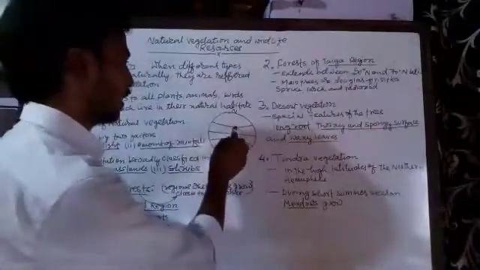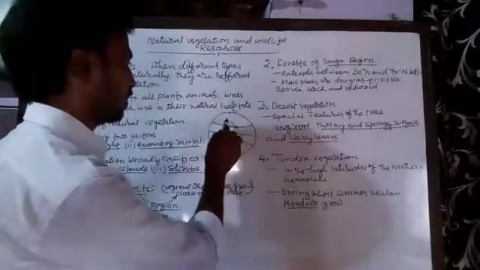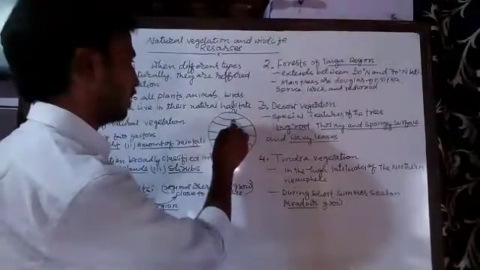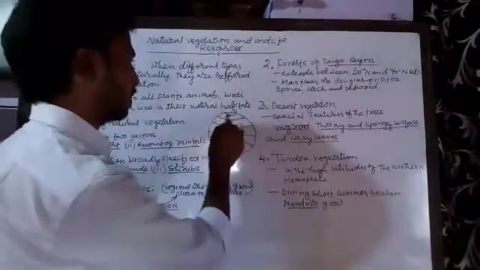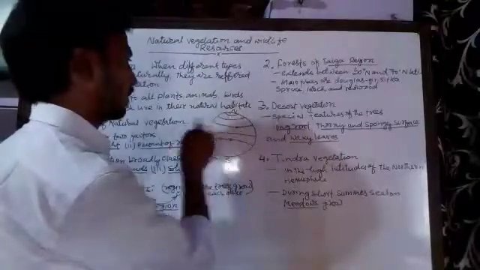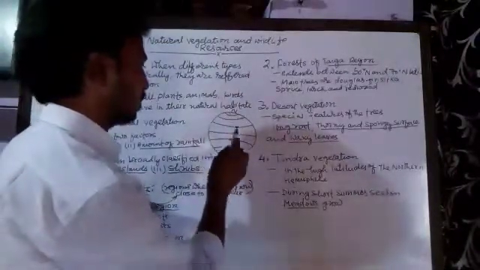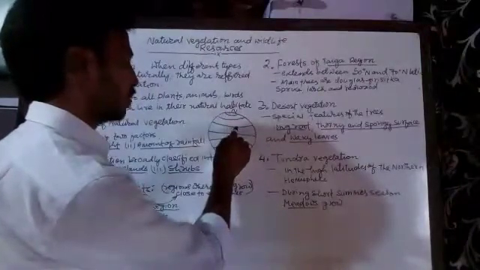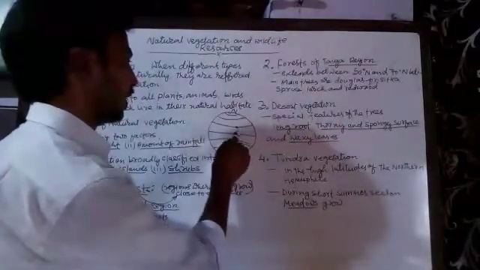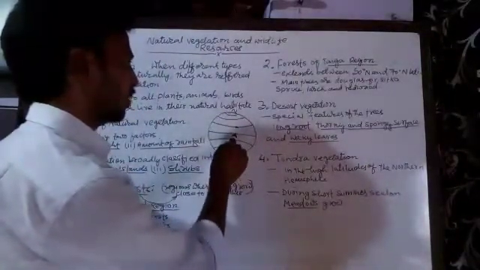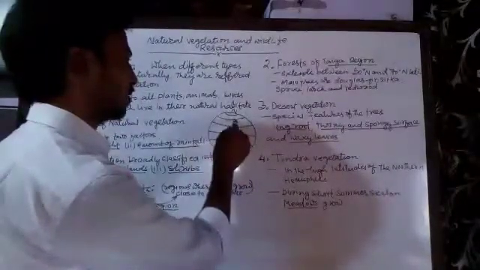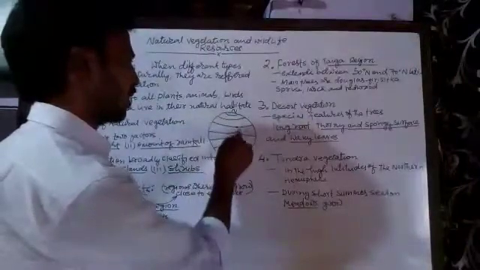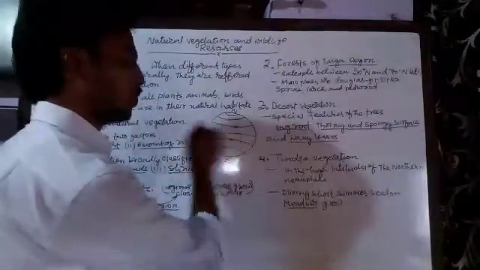We can say these are the areas between the equatorial area and the temperate area. This is the temperate area and this is the Arctic Circle. So the area between the temperate area and the equatorial area, the middle places, are called the tropical area.